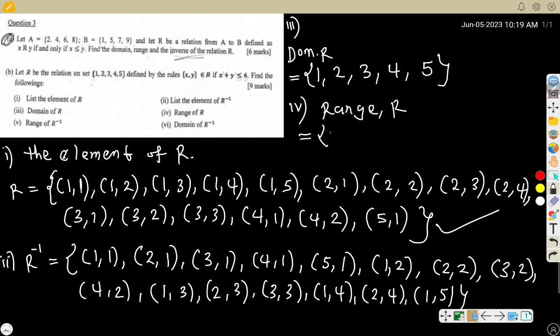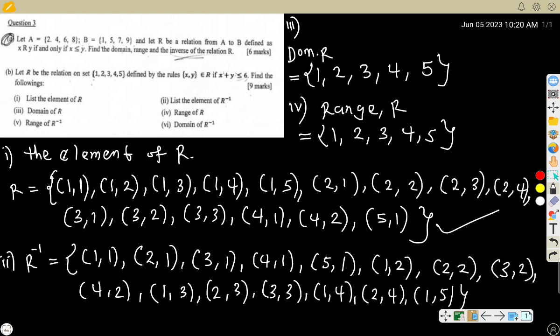So range 1, 2, 3, 4, 5. So second numbers, we have 1, 2, 3, 4, 5. We still have 1, so highest is 5. So that is our range.